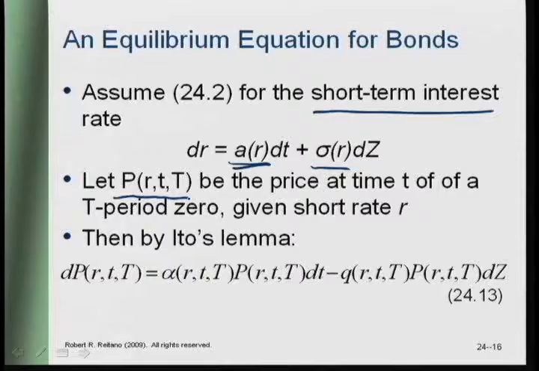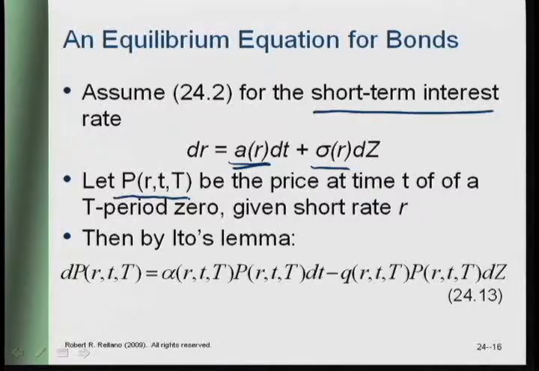The day we price them, that's little t, the maturity or the length of the zero coupon bond, that's capital T, and then the prevailing short rate, R. That's the only thing it can depend on.